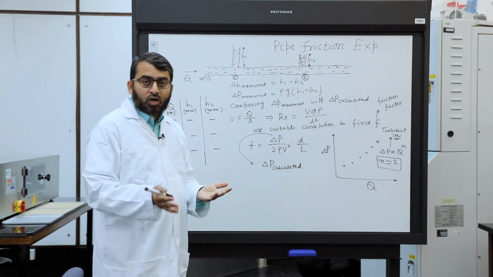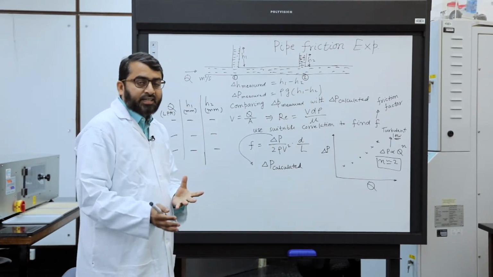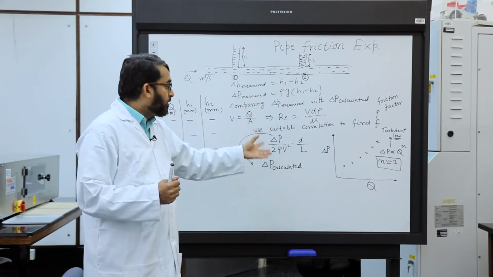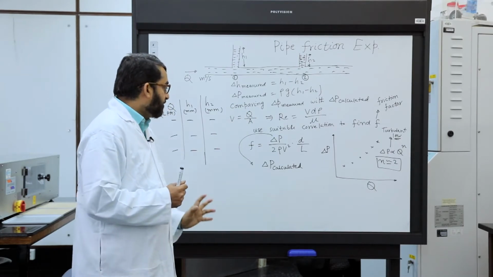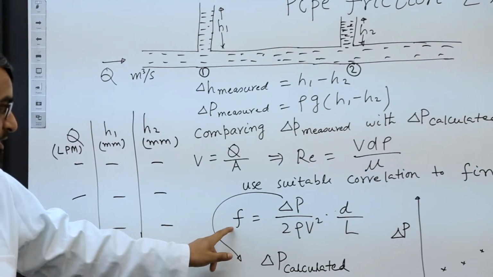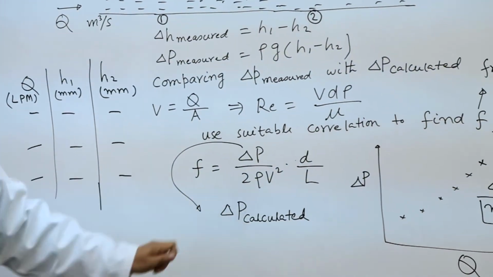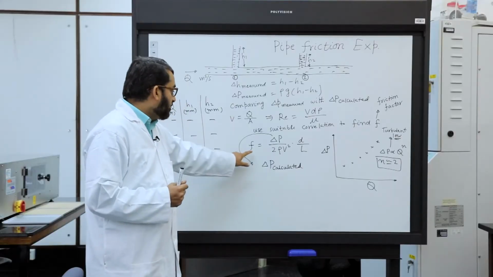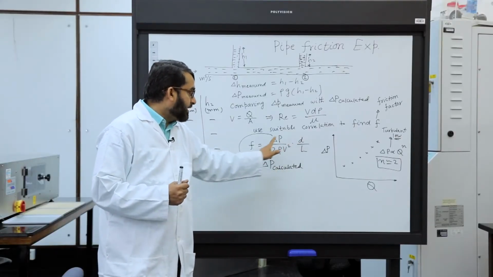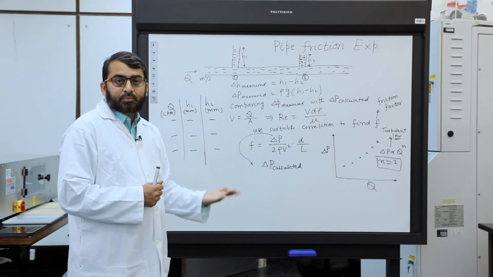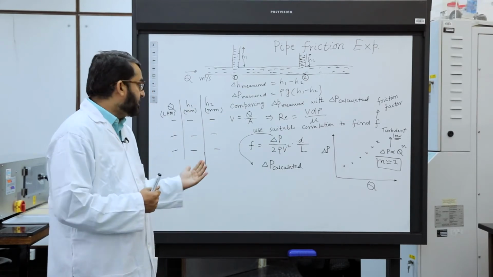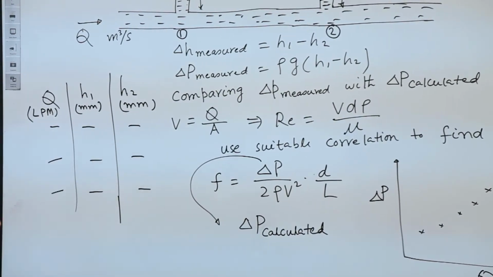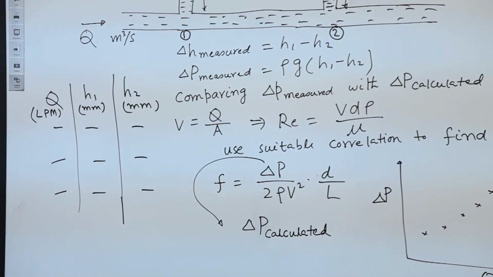This is your job: search a little bit, see the textbook and literature, to find a correlation that fits your experimental data to find F. This is the Fanning friction factor, defined as delta P divided by 2 rho V squared, times d over L. Once you know F, everything is known to you, you can get delta P, and that will be delta P calculated. For each data point, you calculate the delta P, compare with the measured value, and try to get the error and so on.